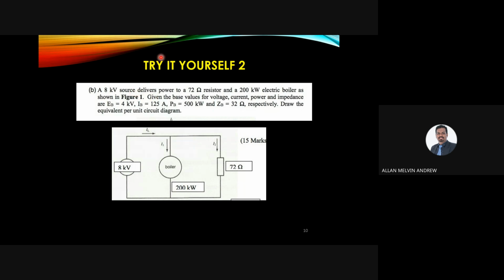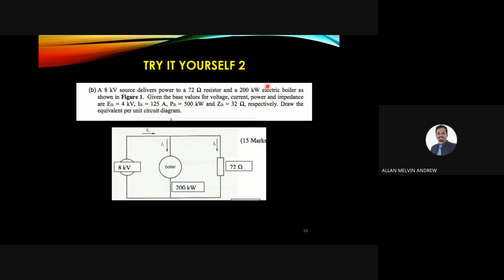Okay, I will just do some discussion with you. It's given a question: an 8 kilovolt source delivers power to a 72 ohm resistor and a 200 kilowatt electrical boiler as shown in figure 1. Usually the questions will be like this, related to real life machines and power.